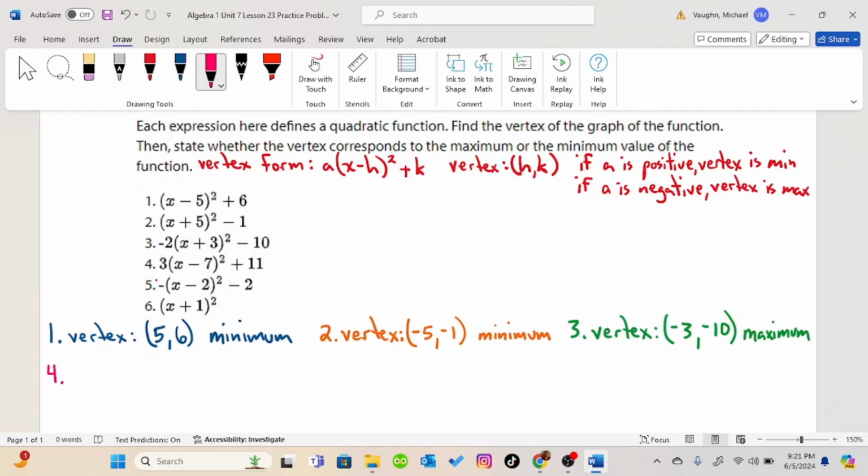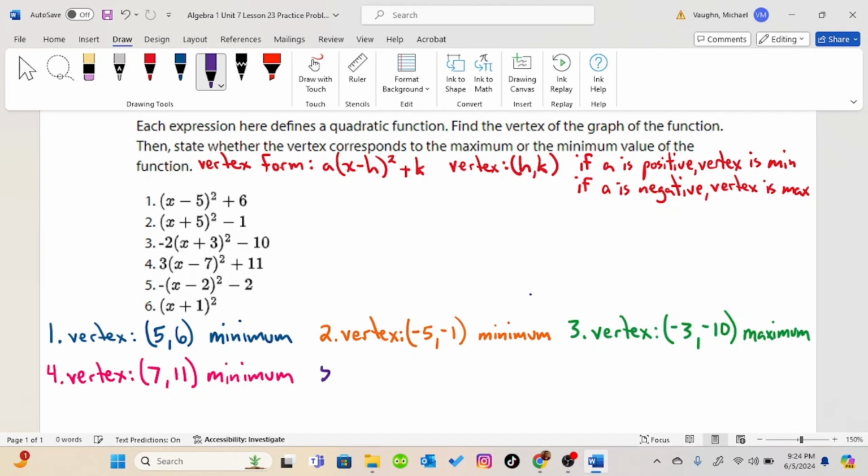Number 4. The vertex is at 7, 11, and because a is positive, this is the minimum, and the parabola opens upward from here.